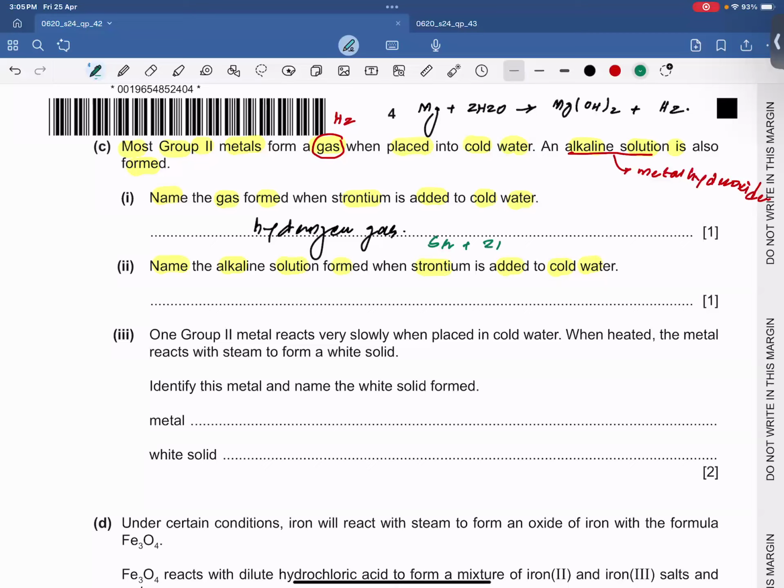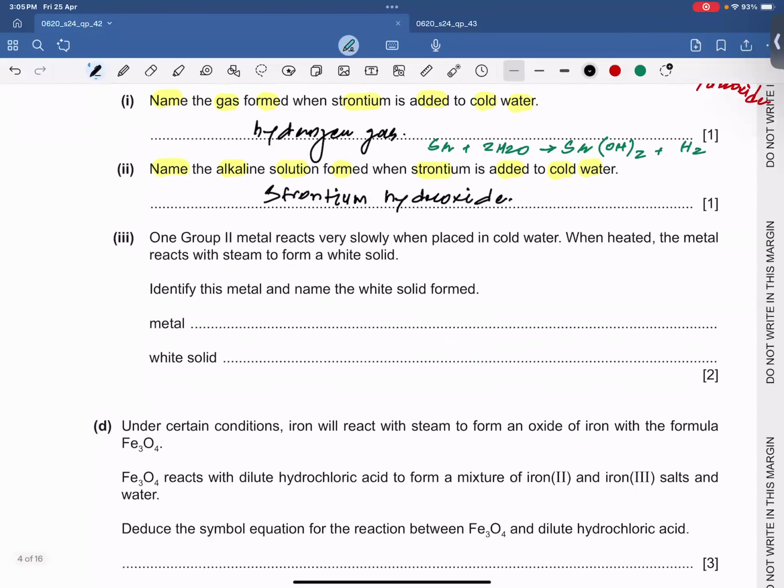It is treated with cold water, converting into strontium hydroxide, just like magnesium hydroxide, and hydrogen gas. So strontium hydroxide is the right answer.